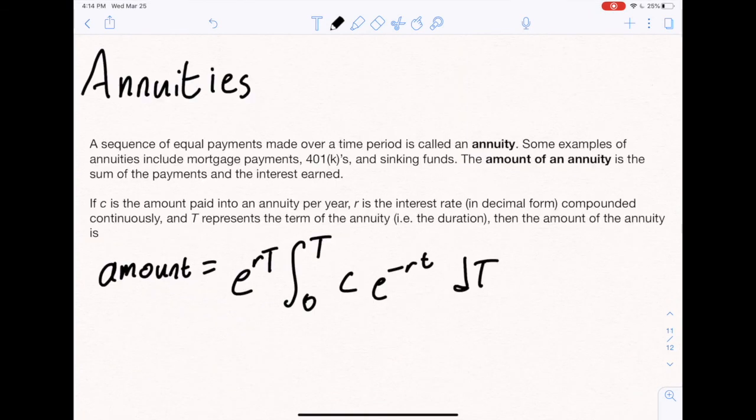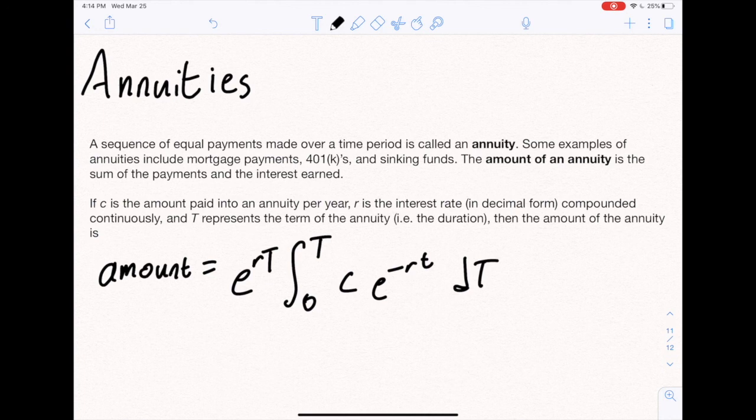Let's talk about the last part of this section, annuities. A sequence of equal payments made over a time period is called an annuity. Some examples of annuities include mortgage payments, 401ks, and sinking funds. The amount of an annuity is the sum of the payments and the interest earned.